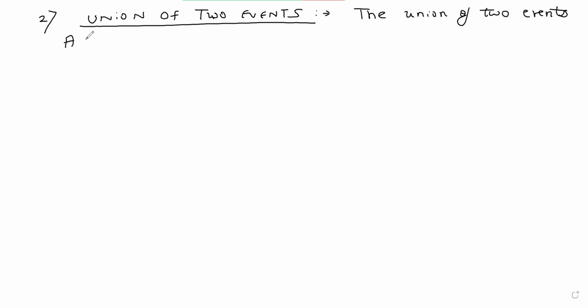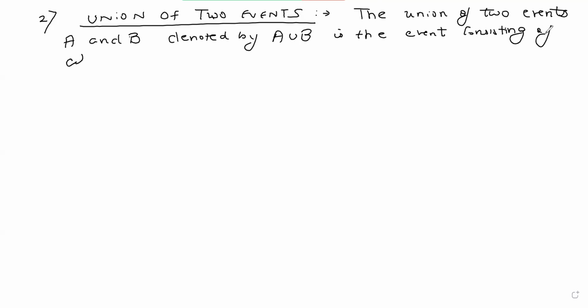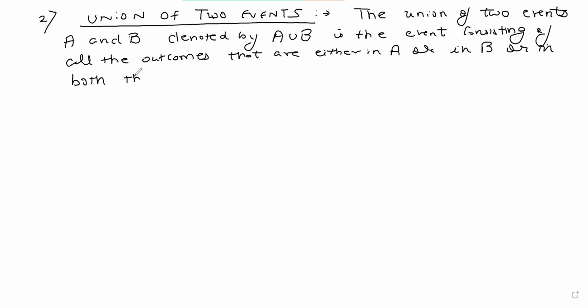I can write that the union of two events A and B, denoted by A union B, is the event consisting of all the outcomes that are either in A or in B or in both the events A and B.